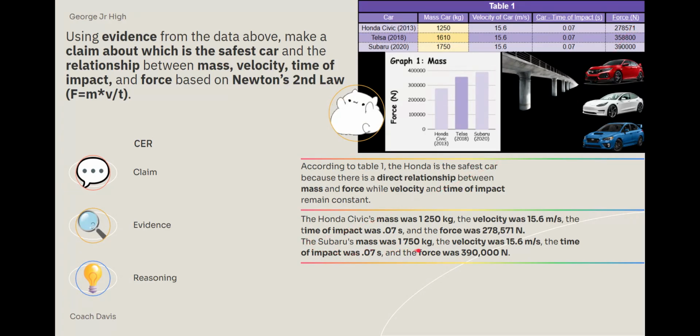When the Subaru's mass was 1,750, the velocity was 15.6 meters per second, and the time of impact was 0.7 seconds. The force was 390,000 newtons. That's just putting this into a sentence and putting this into a sentence. We're just listing off data to make a data set.